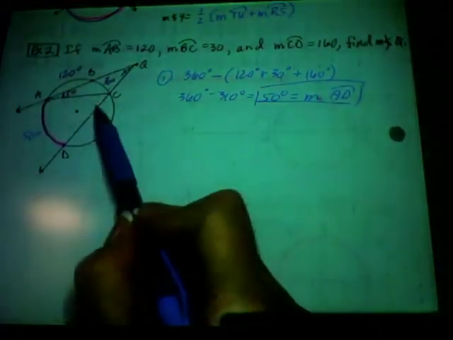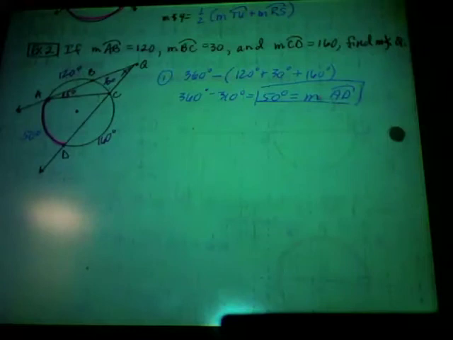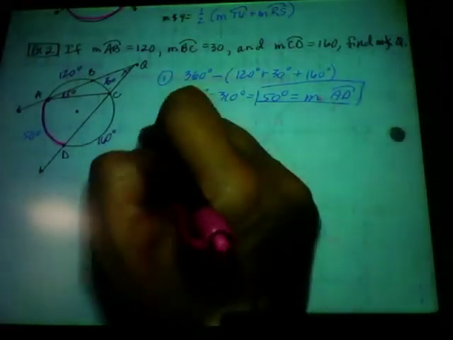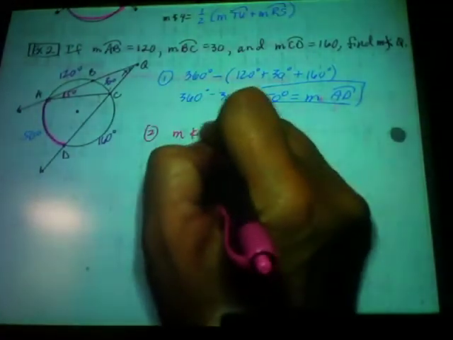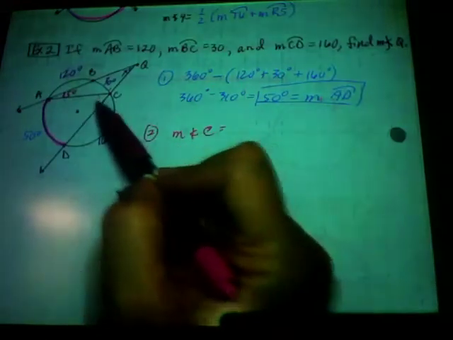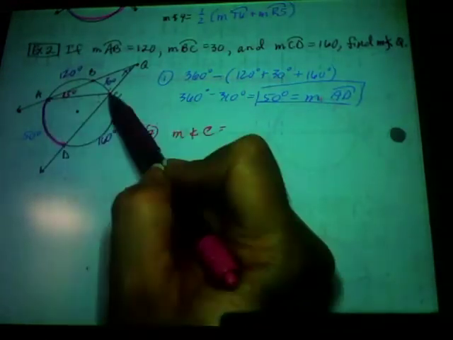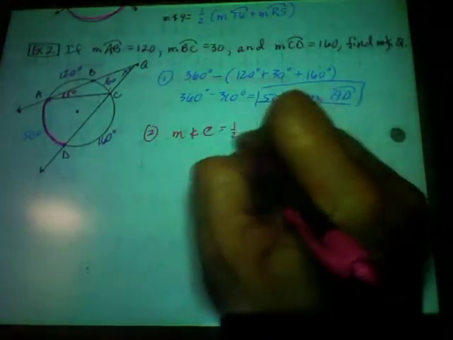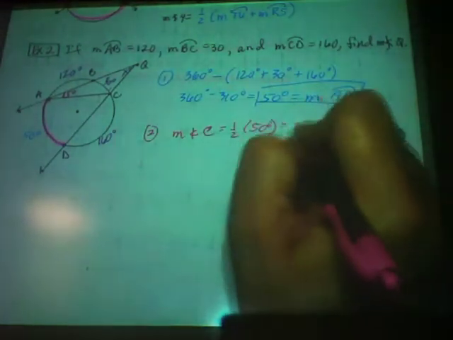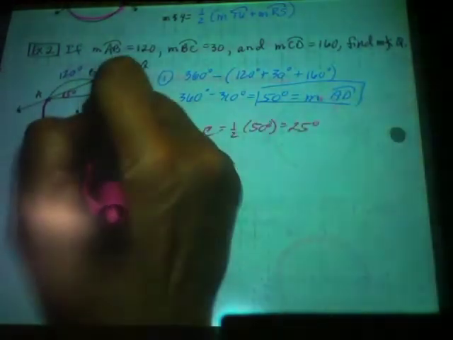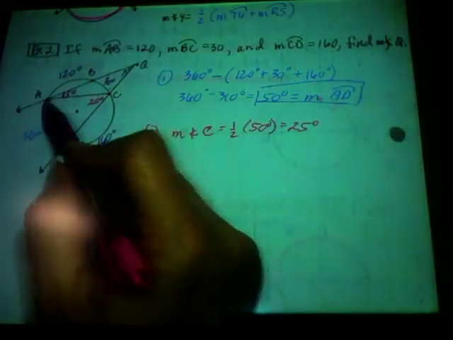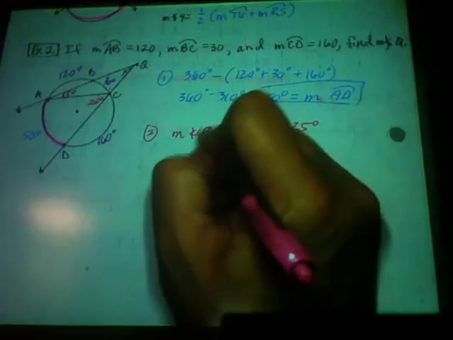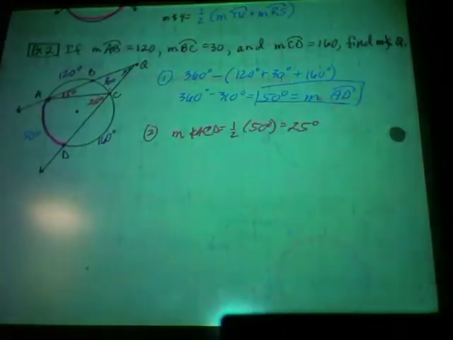So what's the measure of angle C? C is an inscribed angle. So it's half of 50, right? So it's 1/2 of 50 degrees, which is equal to 25 degrees. I guess I shouldn't say angle C, I should say angle ACD, right? Angle ACD, because there's two angle Cs.